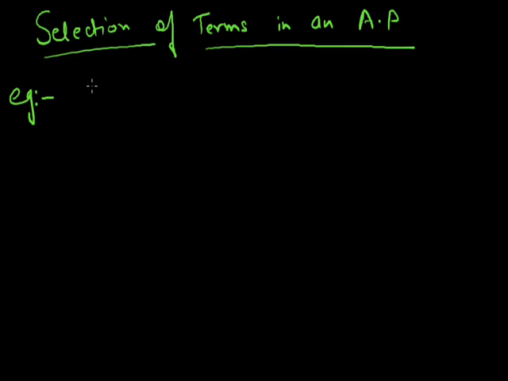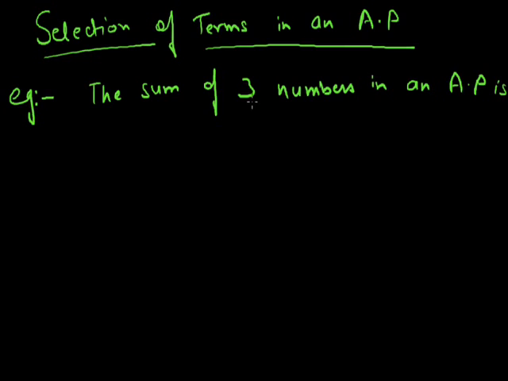Let's say the example is: the sum of three numbers in an AP is -3 and their product is 8.